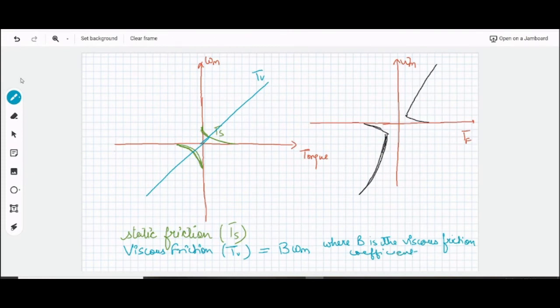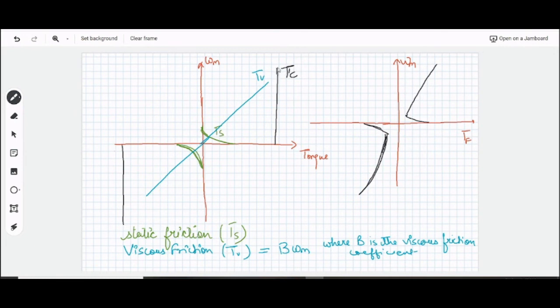Right, bachcho? Now, what about the third component? Actually, this characteristic is made up of three friction characteristics. One is the static friction, other is the viscous friction. What about the third one? If you have learned, there is the friction that is called Coulomb's friction, TC.